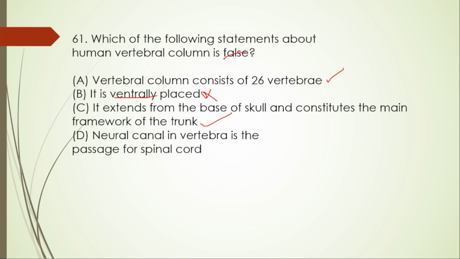It starts at the occipital bone of the skull and serves as the primary structural support to the torso. Next, D, neural canal in vertebrae is the passage for spinal cord. Yes, of course, this one is also right. So the option here which one is false means B.